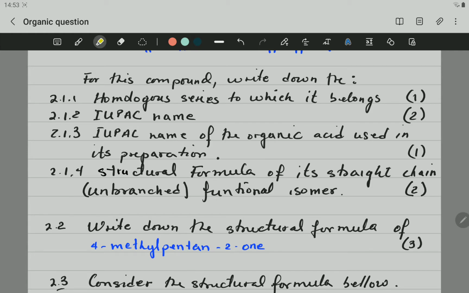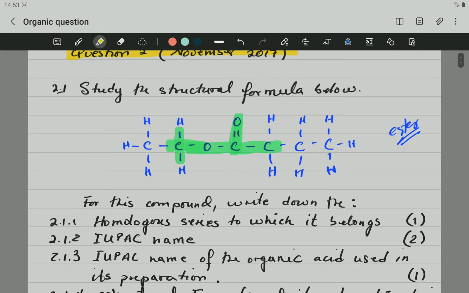Let's recall what the functional isomer is. The functional isomer of an ester is a carboxylic acid, and the functional isomer of a carboxylic acid will be an ester. We're looking for the straight chain functional isomer of the organic compound, which is this one here. All we have to do is imagine this is a Lego game. We have all the pieces and we convert it into a carboxylic acid.